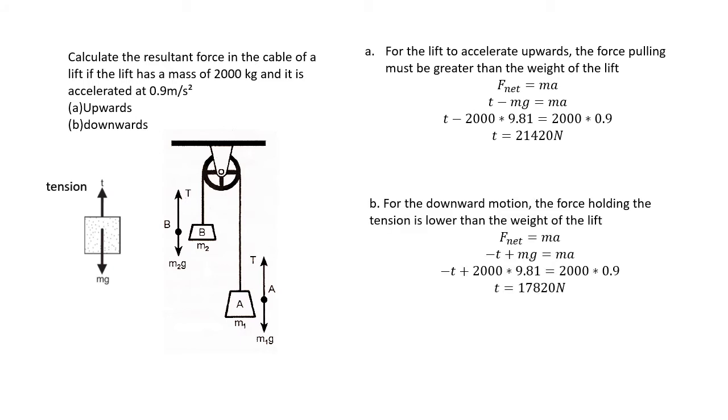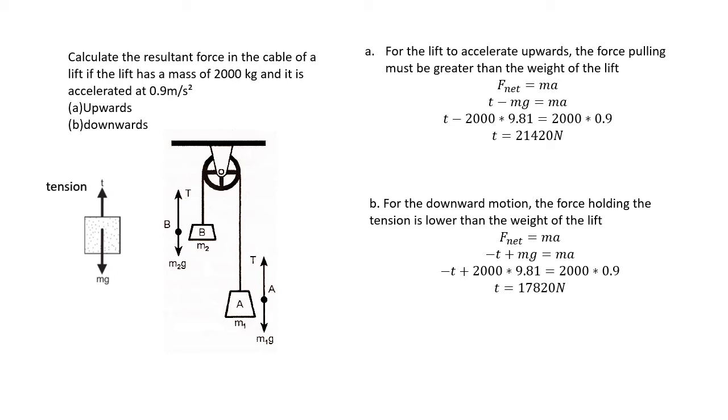And for going downward, the force holding, the tension, needs to be lower than the weight of the lift. So in the net force here, we have minus T plus mg. So the tension should be lower than the weight of the lift to let it down gently. And we rearrange it and we get 17 kilonewton.